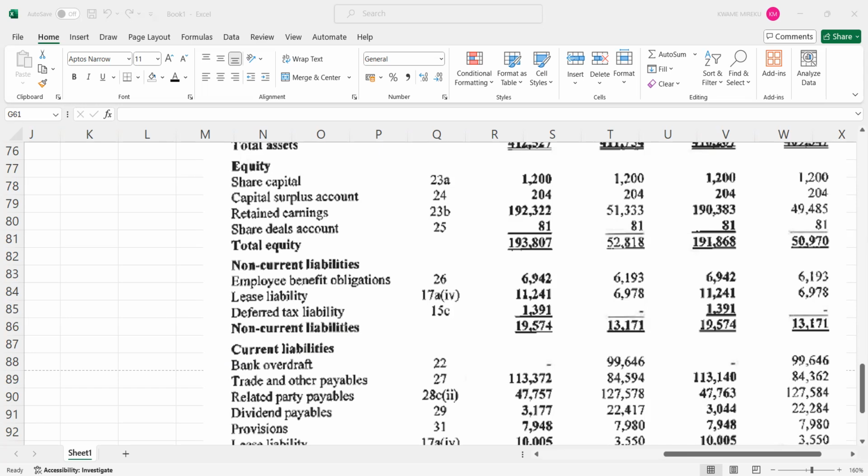This does not even give us a very good picture of the actual dividend they paid. Yeah, I'm seeing something here. I don't know if that's what you're looking for. Dividends paid, that's page 19. Okay, let me see page 19, cash flow from financing activities.